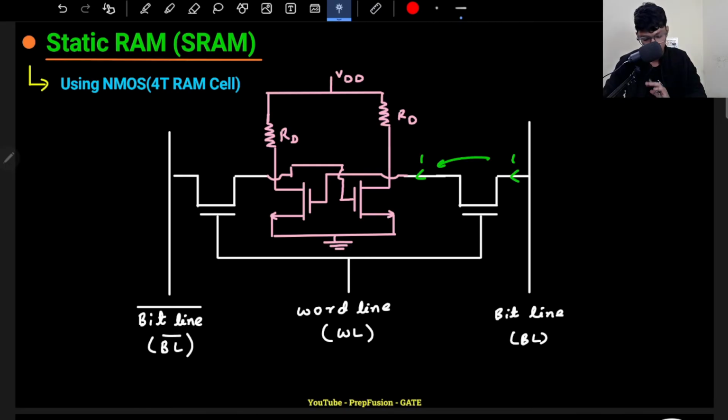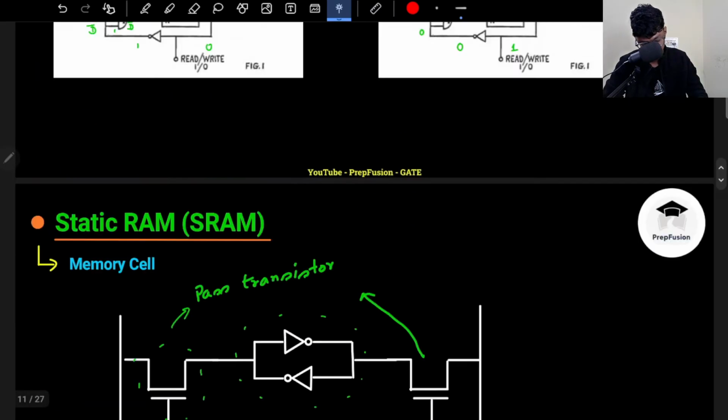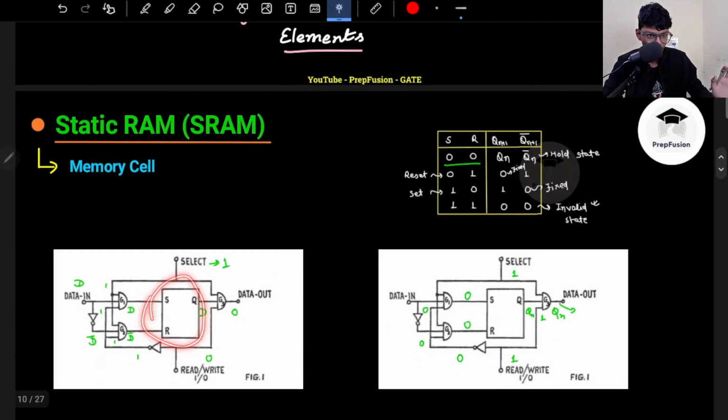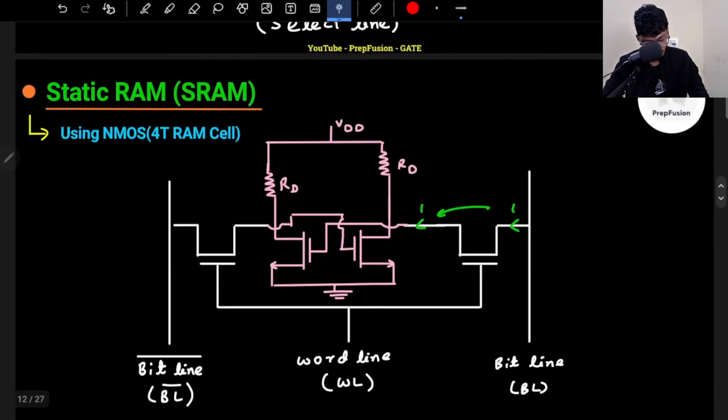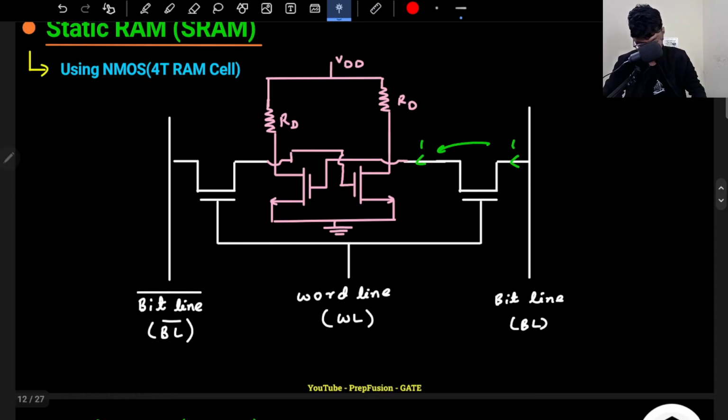That we already know, how to store this configuration. I've already explained, this is simply this SR latch. I'm just telling you the outside part. So that's how we store the data. This data will come here. This is Q, this is simply D bar that will come here if this is high.